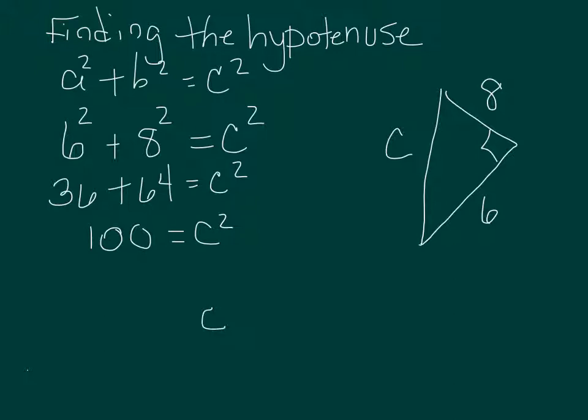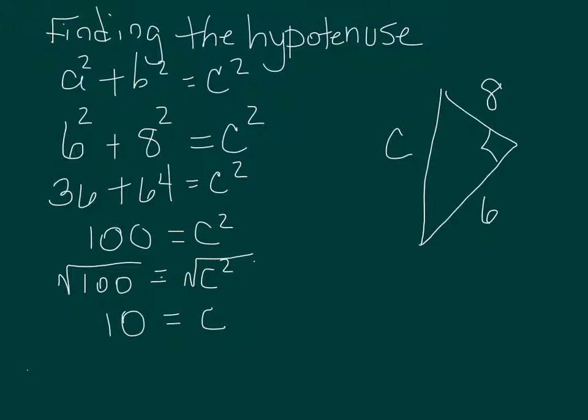So when we have a number squared, how can we find its square root? Well, we take the square root of c squared, which was 100. So the square root of 100 is 10.